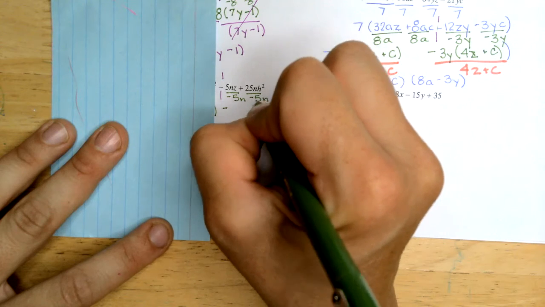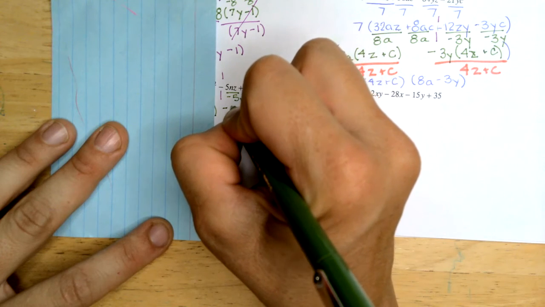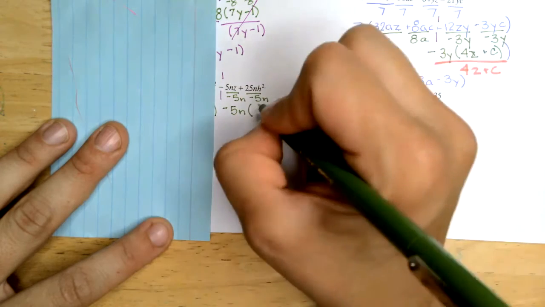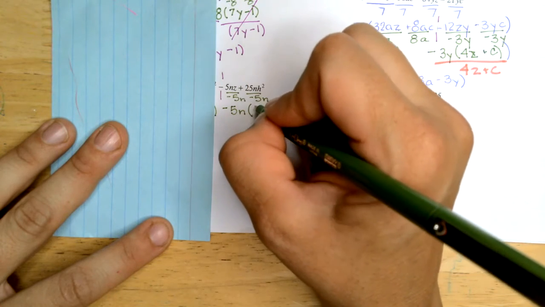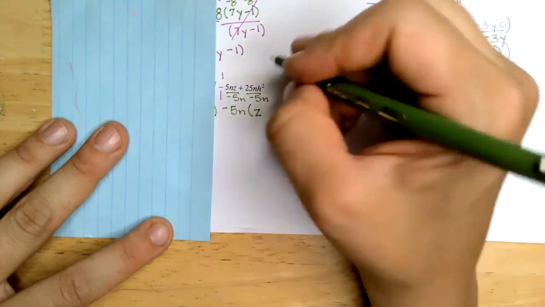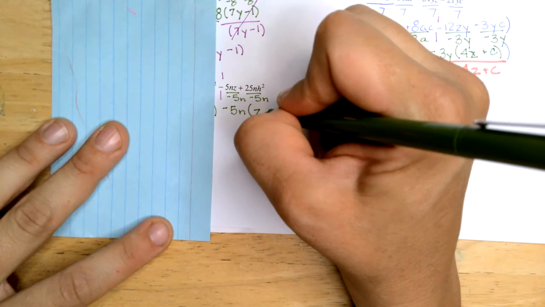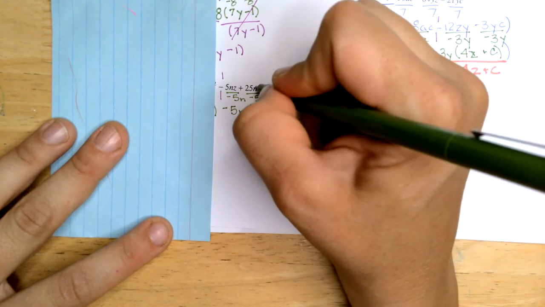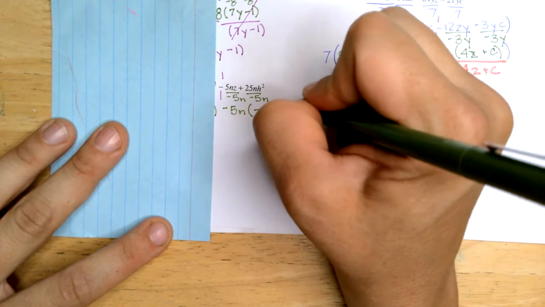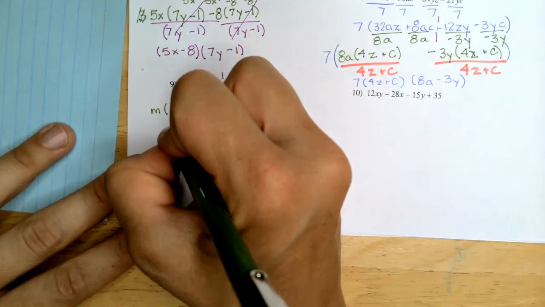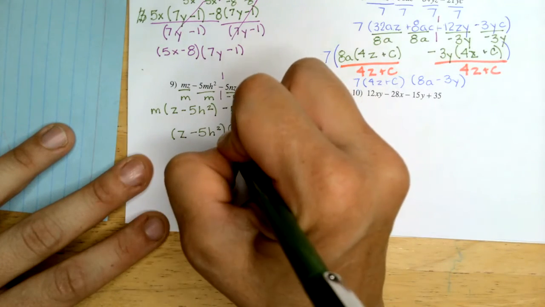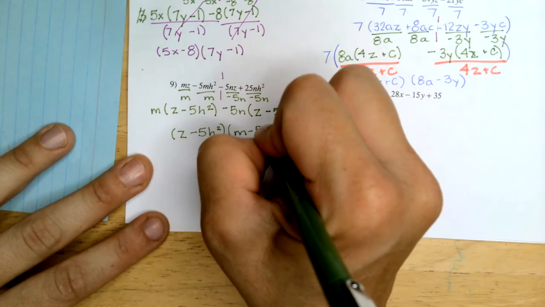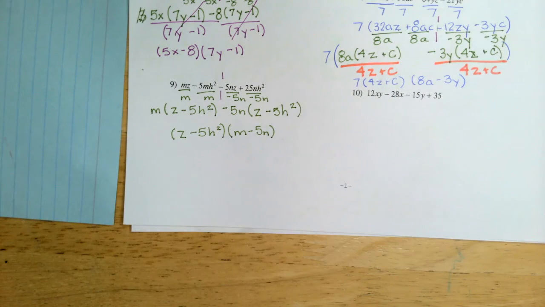So I have negative 5N, and then parentheses, negative 5 divided by negative 5 is just a 1. The N's come out, so I just have a Z or a 1Z. Positive 25 divided by negative 5 is a negative 5. The N's cancel. I have an H squared. So my final answer is Z minus 5H squared times M minus 5N. Good.